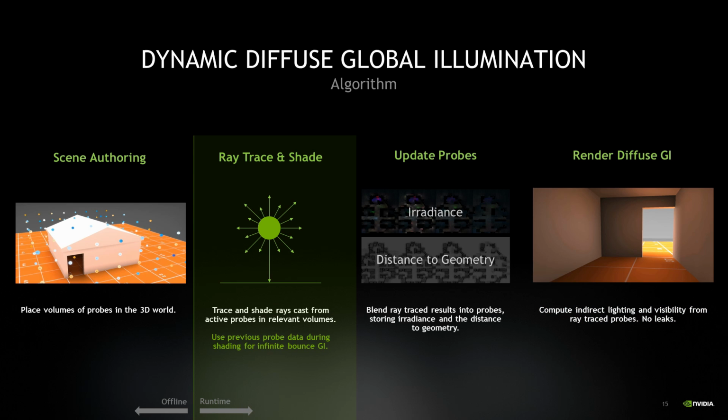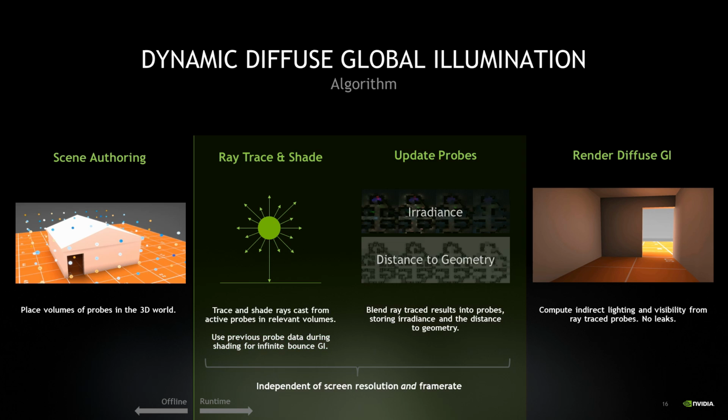Note that during the ray trace and shade step, existing probe data can be used during shading to create infinite bounce indirect lighting. The middle two steps are the critical new tasks being performed at runtime, compared to traditional irradiance probe algorithms. Importantly, these two steps are very scalable, since they are both independent of screen resolution and frame rate.